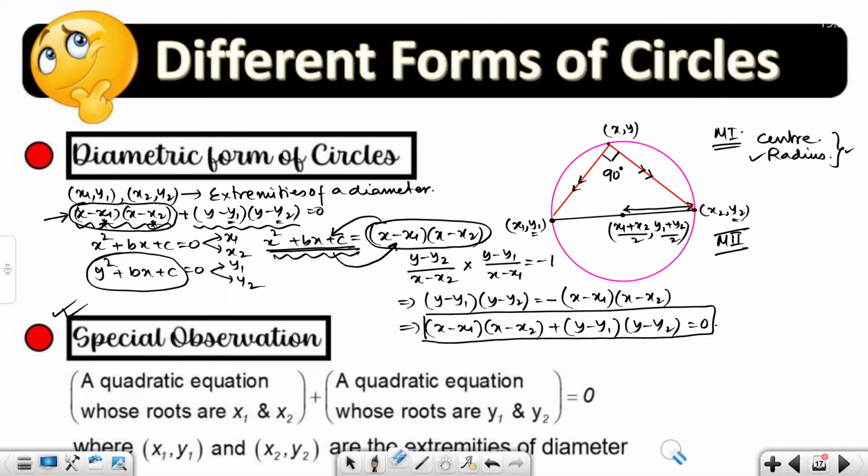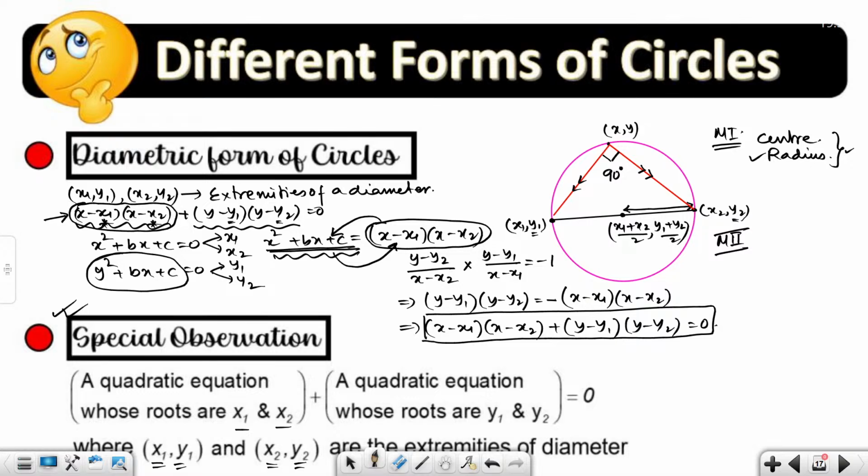What I have said is that a quadratic equation whose roots are x1 and x2. What are x1 and x2? These are the abscissas of the extremities of the diameter. And what are y1 and y2? They are the ordinates of the extremities of the diameter.